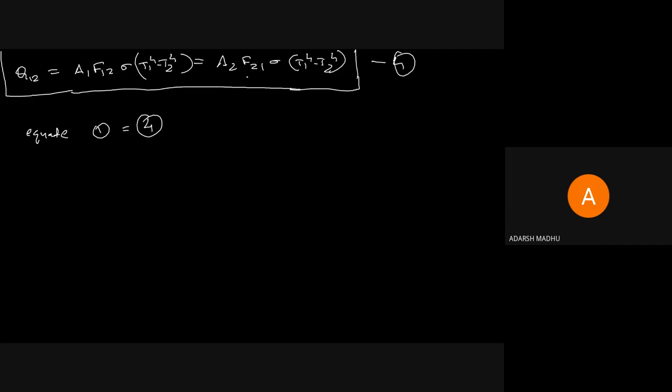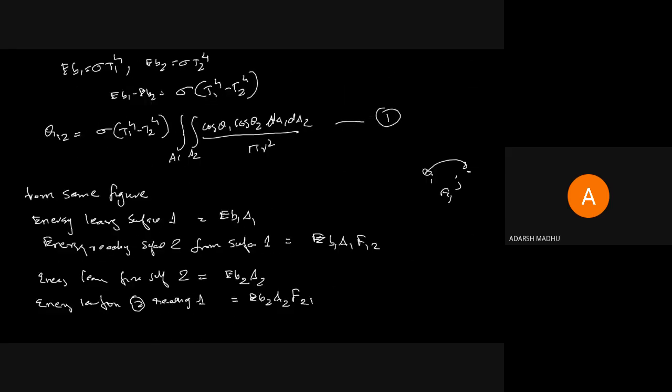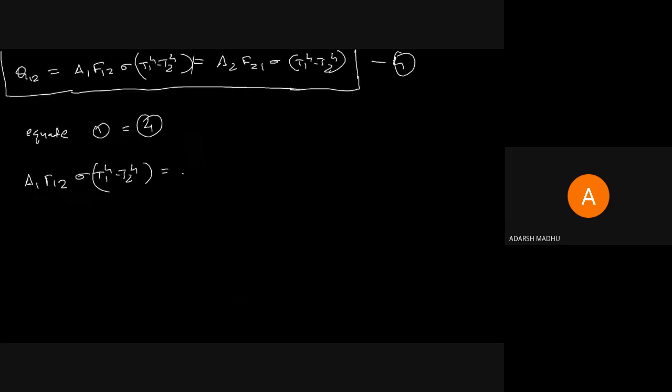We have two equations, so let us equate them, the first condition. So we can write A1 F12 sigma T1 raised to 4 minus T2 raised to 4 equal to the other equation, that is sigma T1 raised to 4 minus T2 raised to 4 integral of A1 A2 cos theta 1 cos theta 2 dA1 dA2 whole divided by pi r square, right?